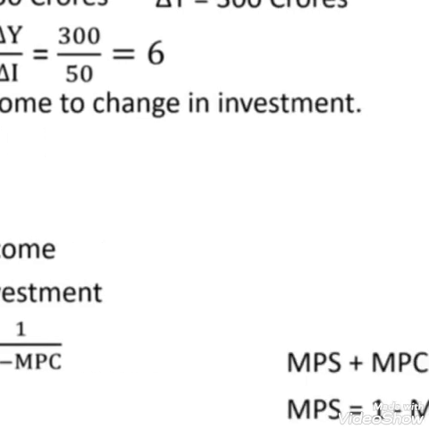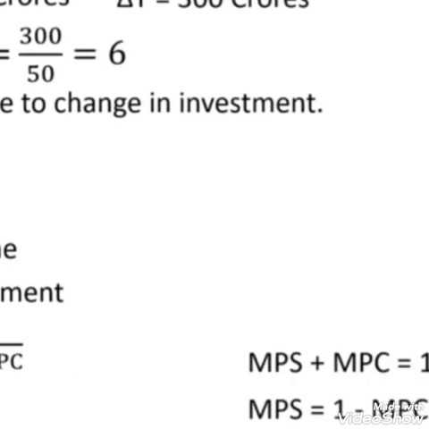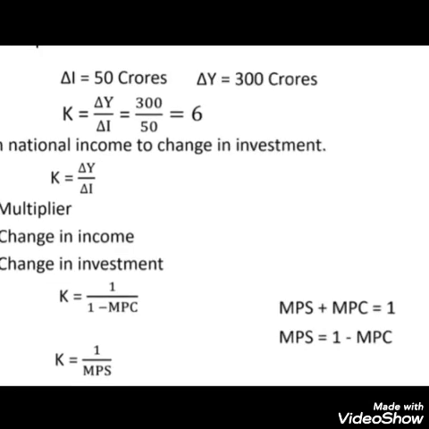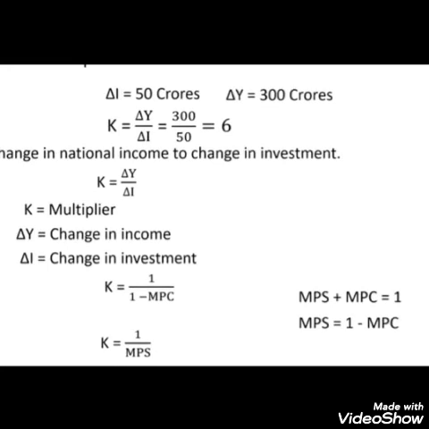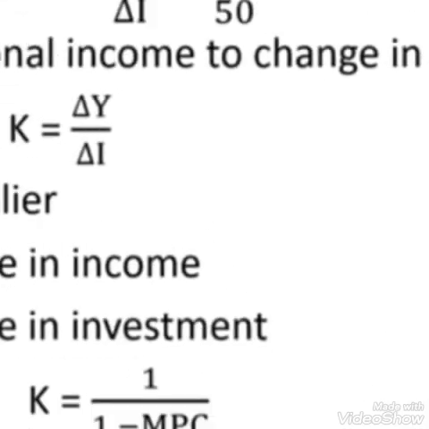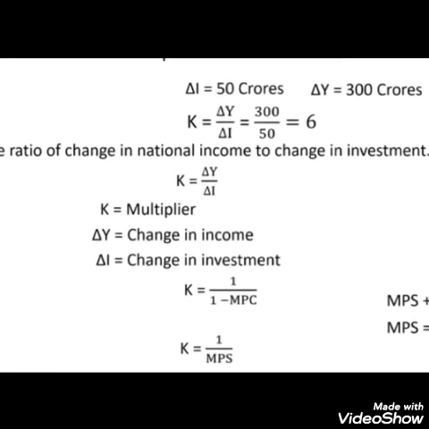So in this case the value of the multiplier is calculated by K equals delta Y divided by delta I, that means 300 divided by 50 equals 6. That means 6 is the value of the investment multiplier.